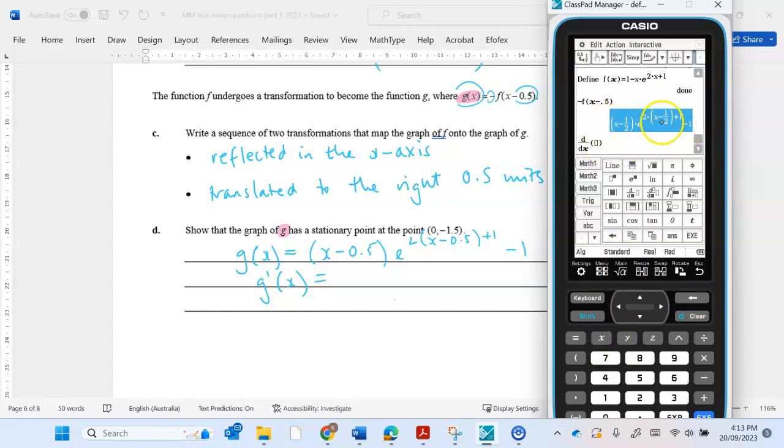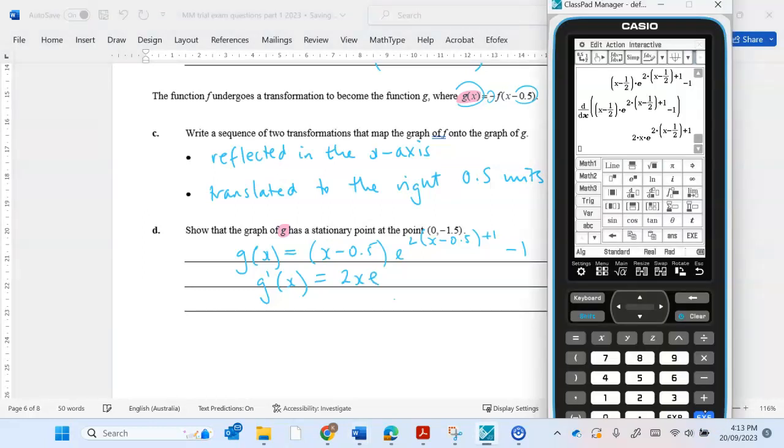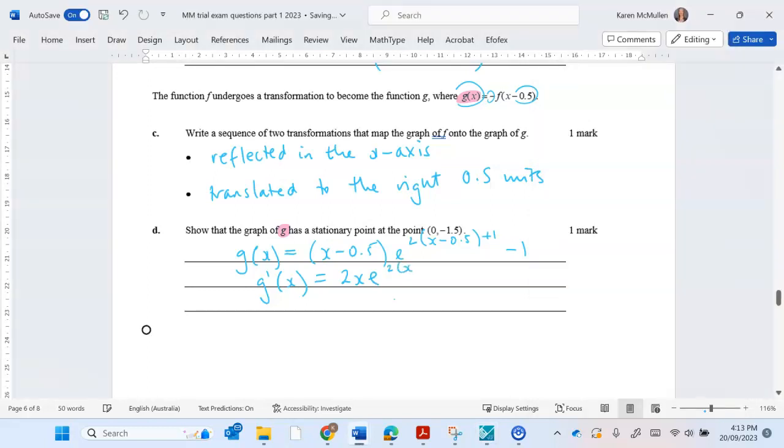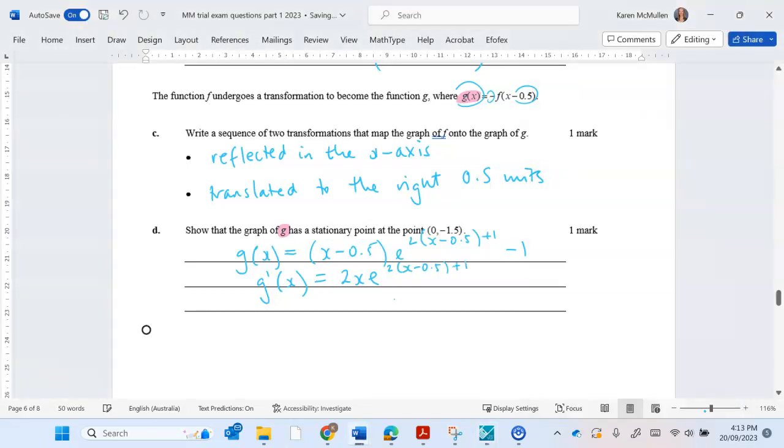If it said to find it, this would be alright, but I have to write everything down as we go because it's a show that question. 2x e to the power of 2x minus 0.5 plus 1. Then we can let that equal 0.